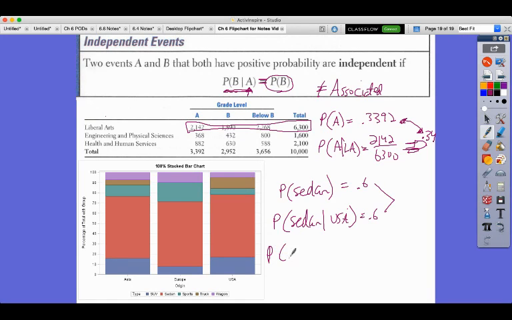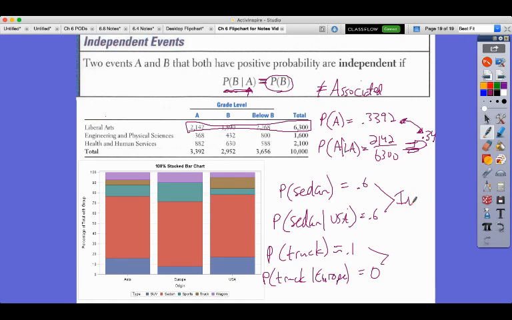But probability of truck is about 5% here and we'll say 10% here. So that's a total of 15%. But if we divide it up three ways, let's say the probability of truck is about 0.1. But the probability of truck given Europe comes out to 0.